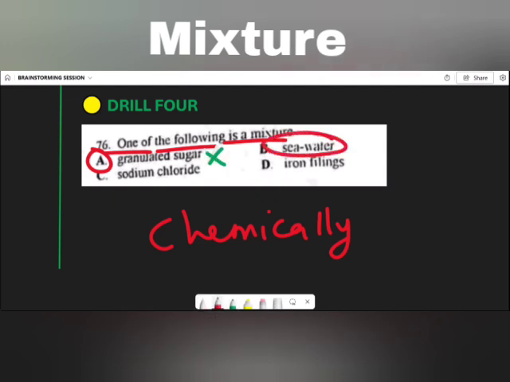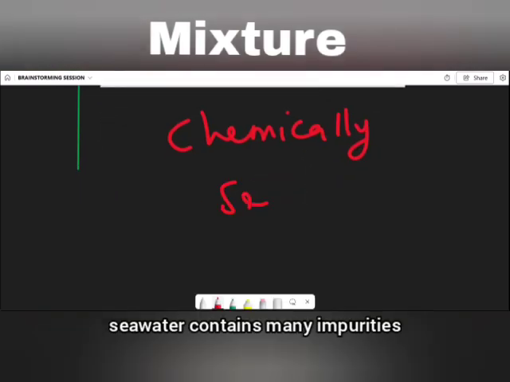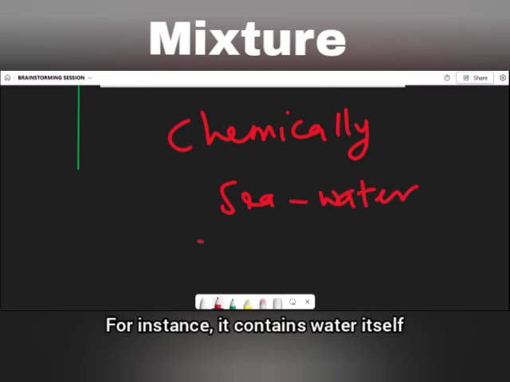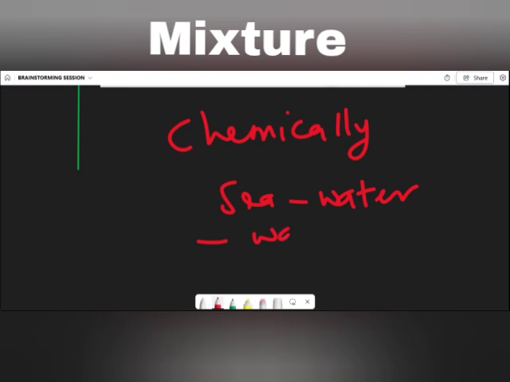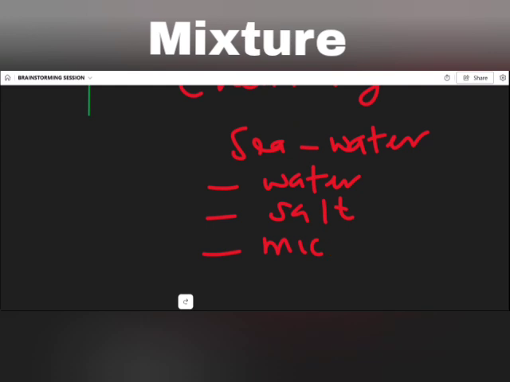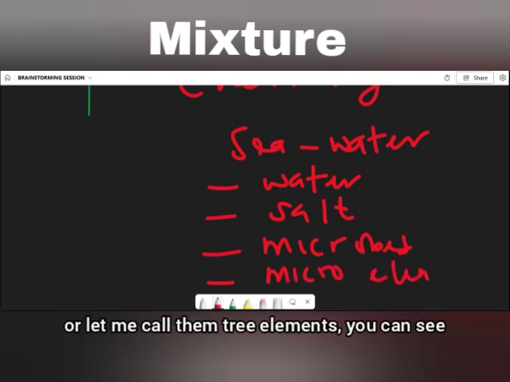Let's go to the next one, seawater. Seawater contains many impurities. For instance, it contains water itself, salt, microbes, and micro elements, or let me call them trace elements.